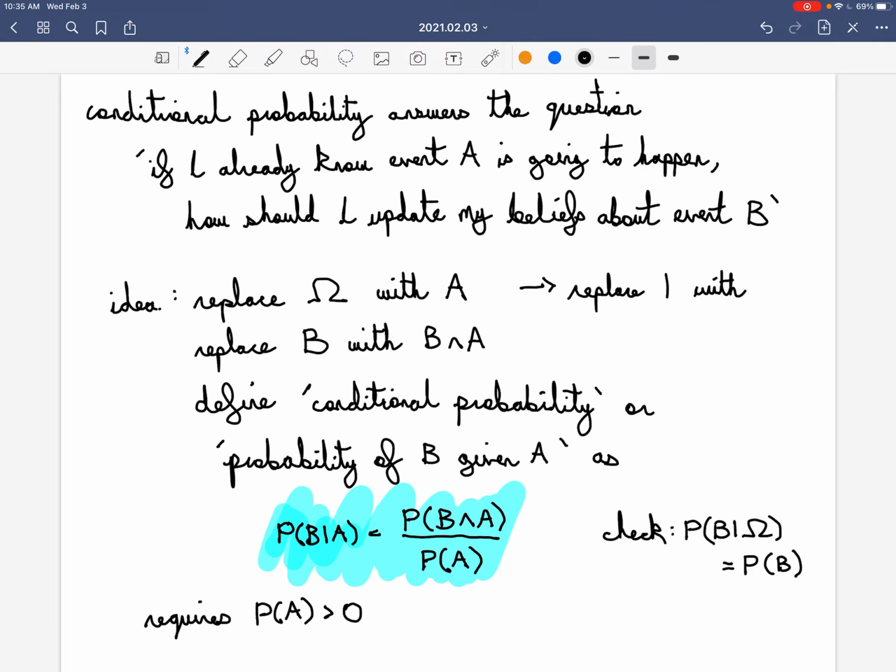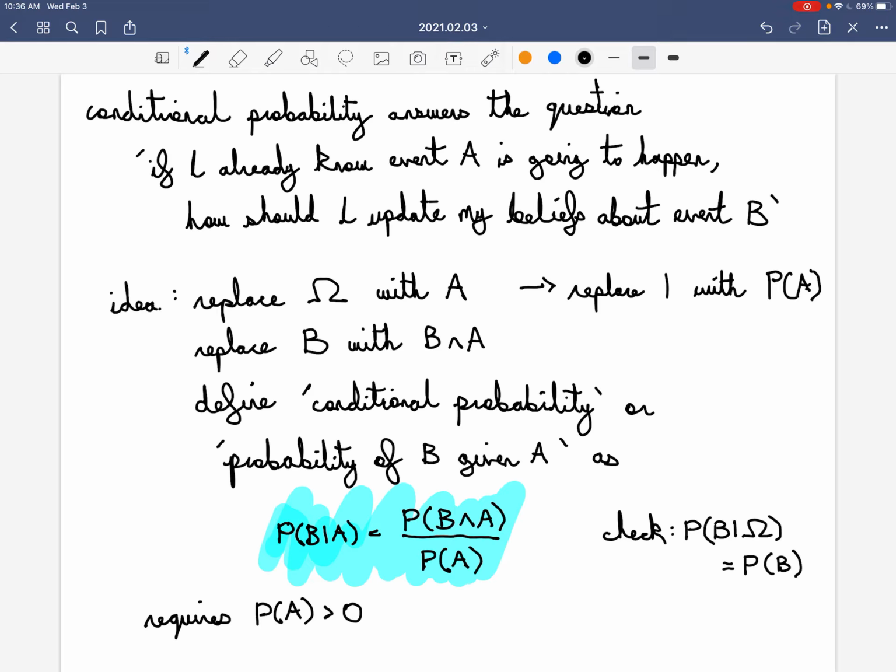We want to replace the sample space which contains every possible outcome with this smaller sample space which just consists of the event A. And so we're going to replace our original sample space with a new sample space which is just the event A. And we're going to replace the event B that we're interested in with the event B and A, which consists of all the outcomes which fall under our condition of interest B that are consistent with the hypothesis that the event A has already happened or is certain to happen.